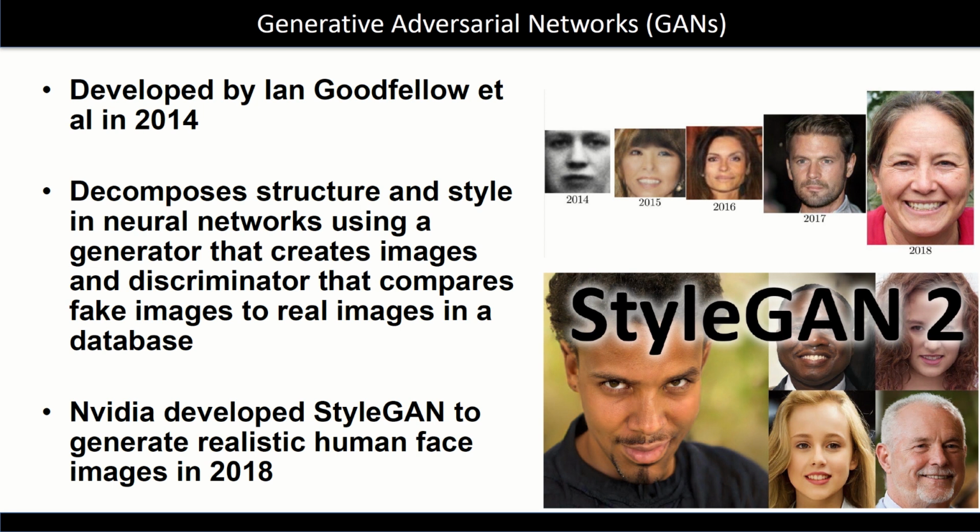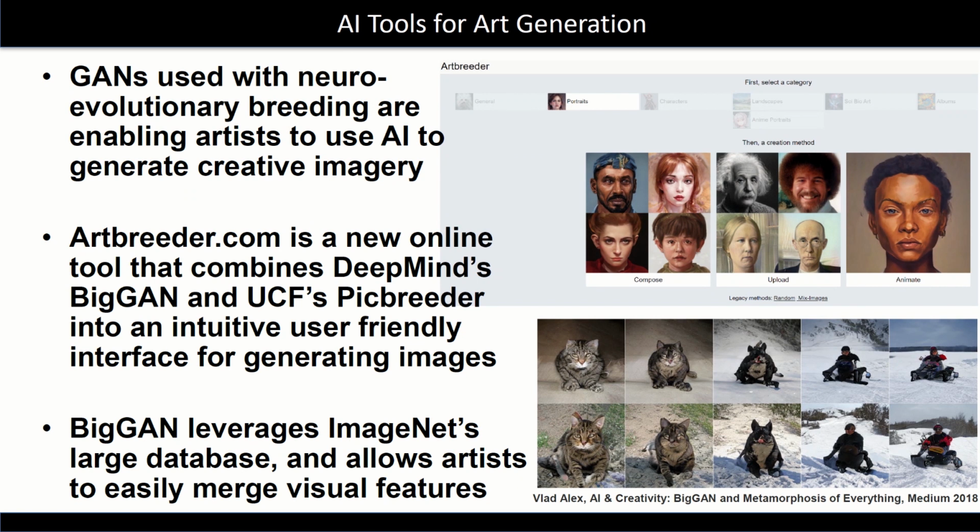And by doing that, they create images that are very, very realistic. And you can see that from 2014 to 2018, those images have become deep fake level photorealistic images, especially when NVIDIA started developing StyleGAN to generate realistic faces in 2018, and then in 2019 came out with StyleGAN 2.